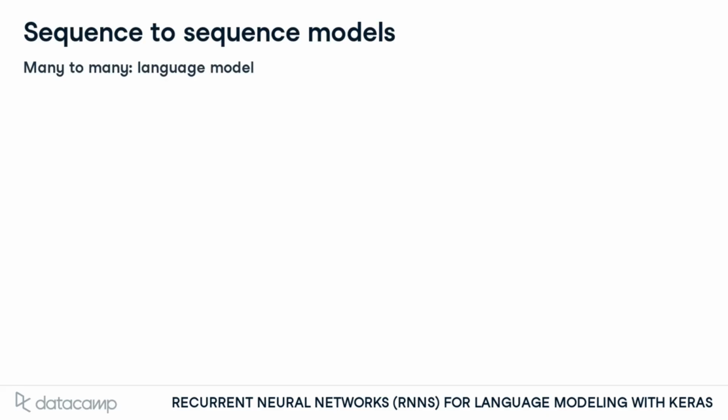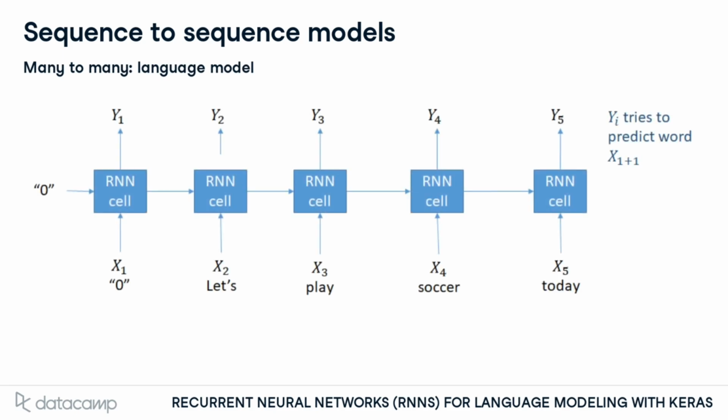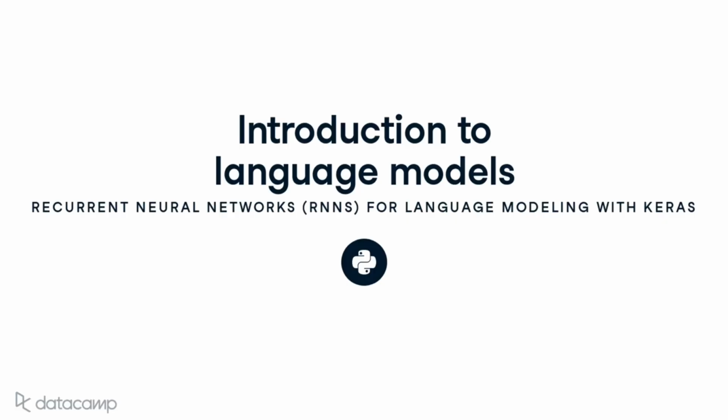Many inputs to many outputs for language models starts with an artificial zero input, and then for every input word i, the model tries to predict the next word i plus 1. In this lesson, you will learn in more detail how to create a language model from raw text data.